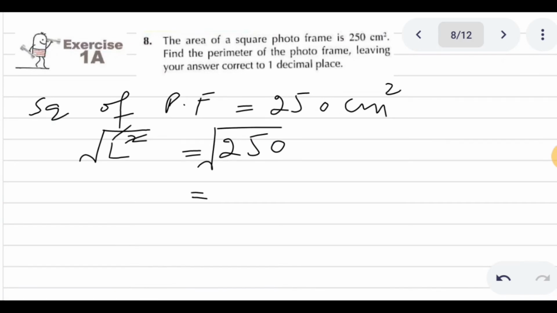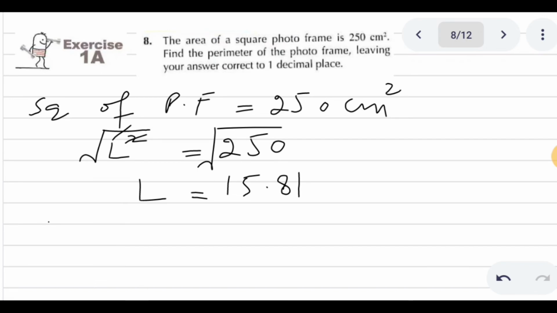So this under root will cancel this power. So the length of one side will be the under root of 250. For now we will find the under root of 250, that is 15.81. So this is the length of one side.